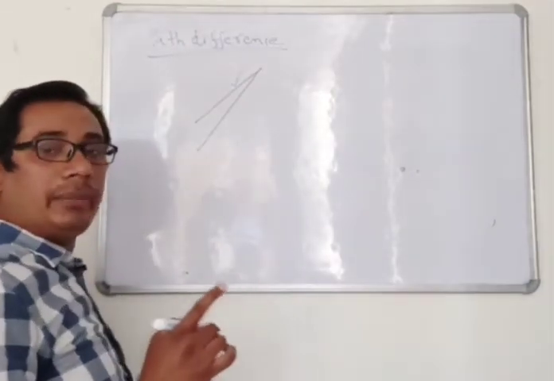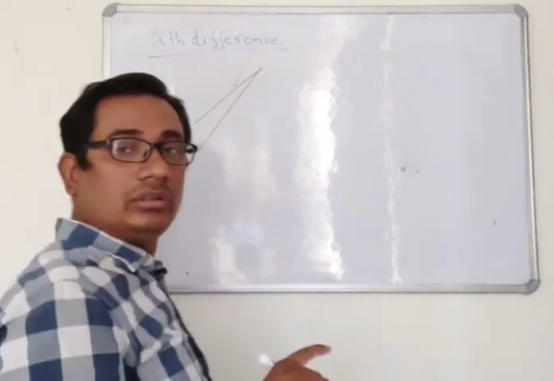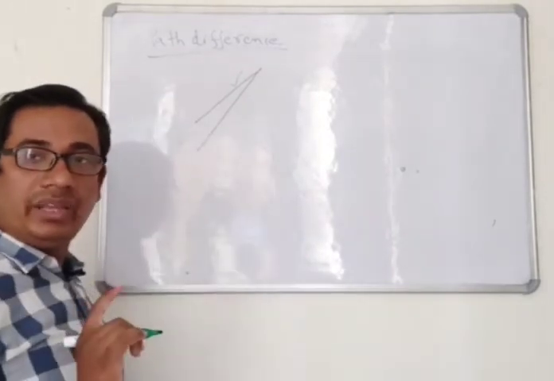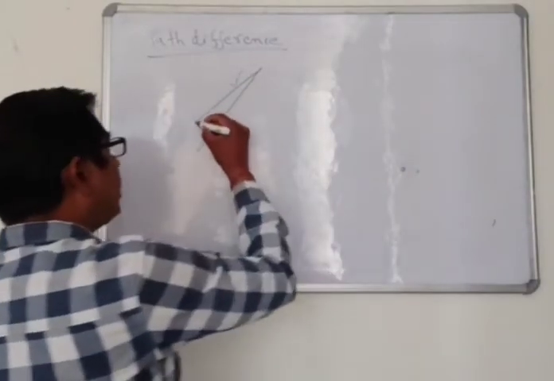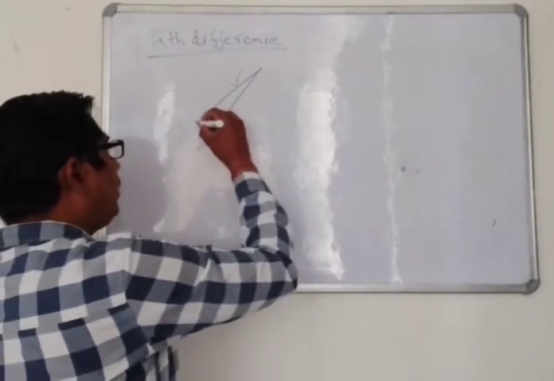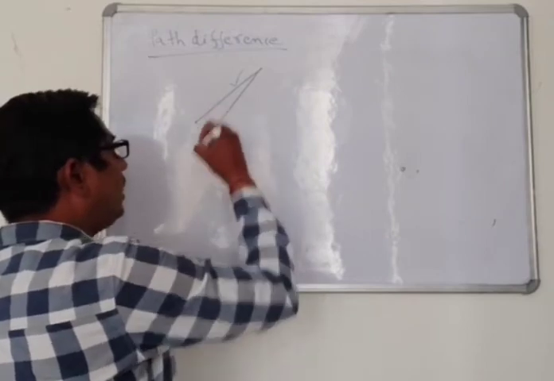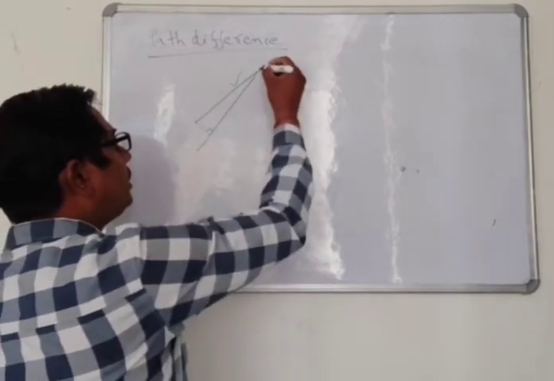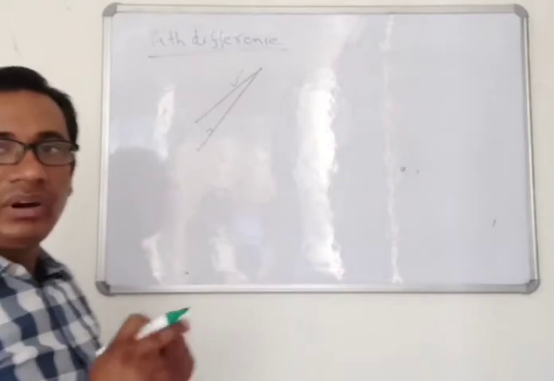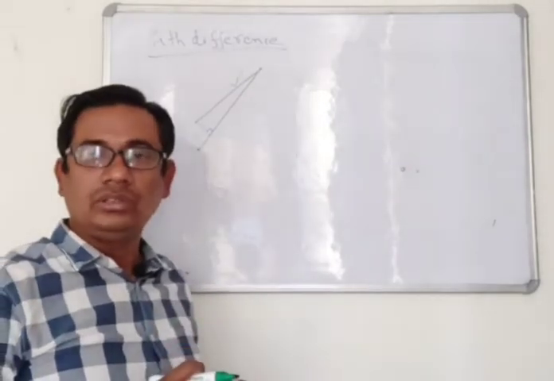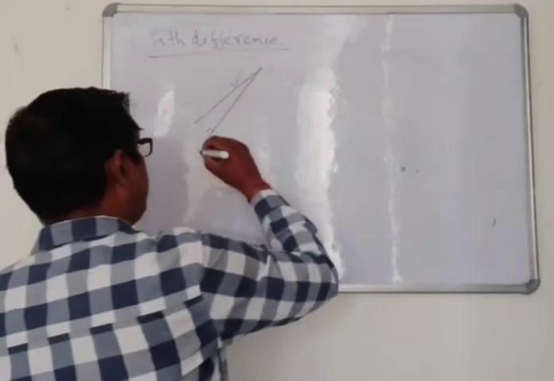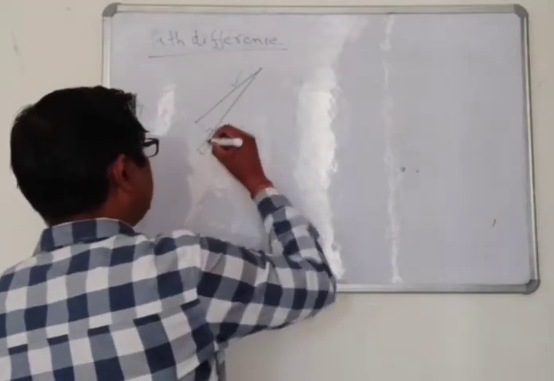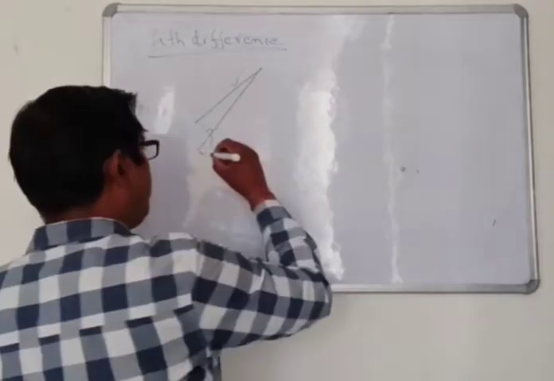Then you will draw the perpendicular from the starting and end point. Here is the starting point. You can draw a perpendicular like that, but at the end point both merge, so you are unable to draw the perpendicular. So this one is the extra path. This is the path difference.